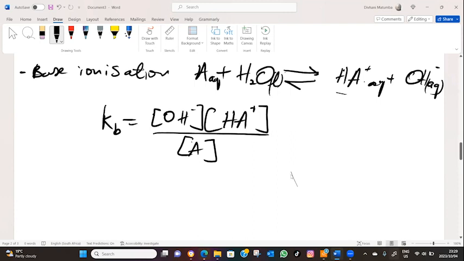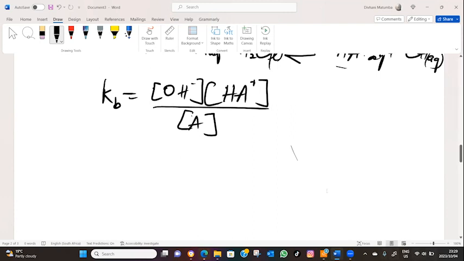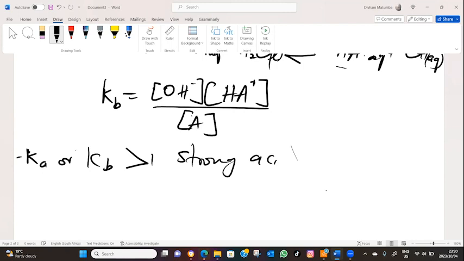Moving right along, we know that if Ka or Kb is greater than 1, that's a strong acid or base.